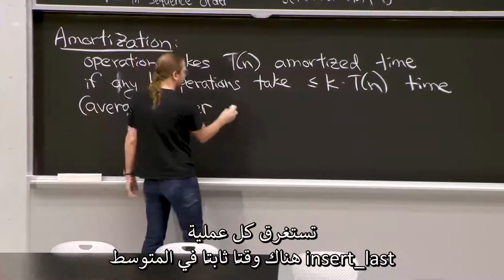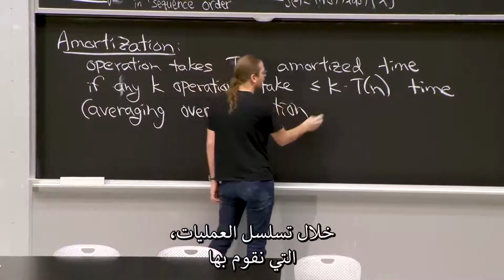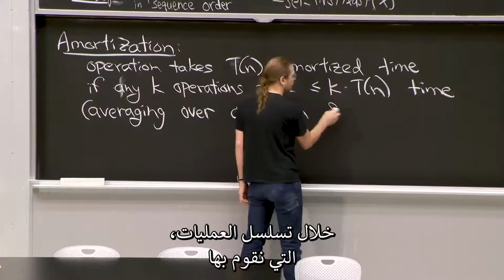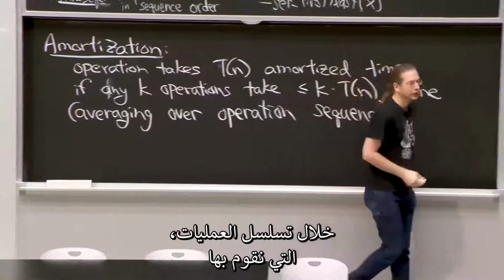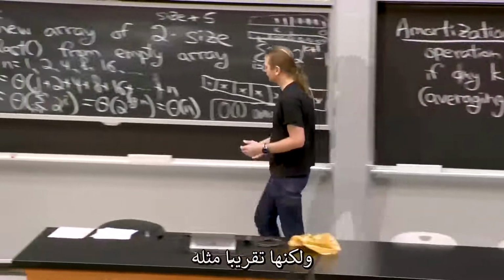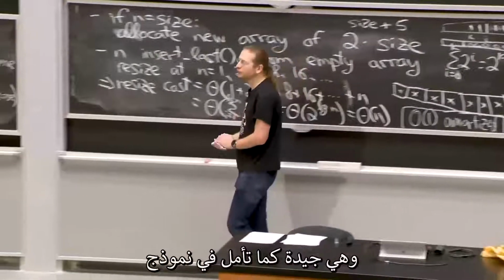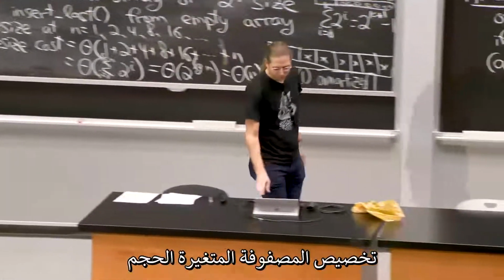Every insert last only takes constant time on average over the sequence of operations that we do. And so it's almost constant. It's not quite as good as constant worst case, but it's almost as good, and it's as good as you could hope to do in this dynamic array allocation model.